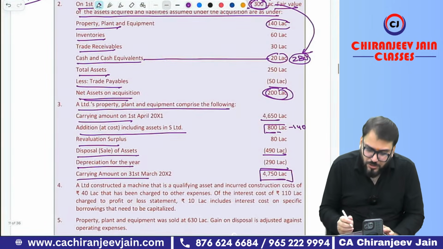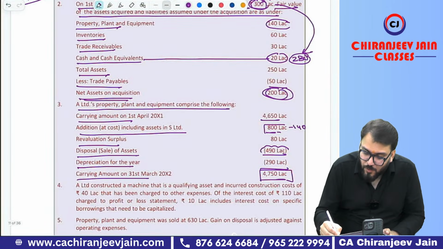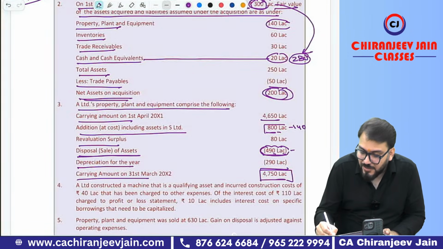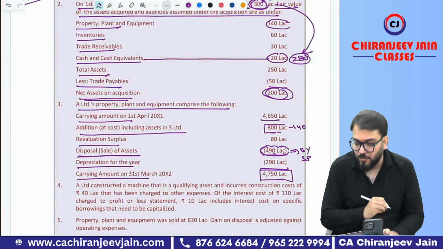Now my one question to you: when we deduct this 490, disposal, sale of asset, is this the book value of the asset sold or the sale price of asset sold?